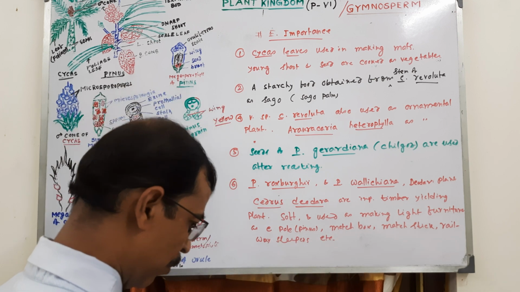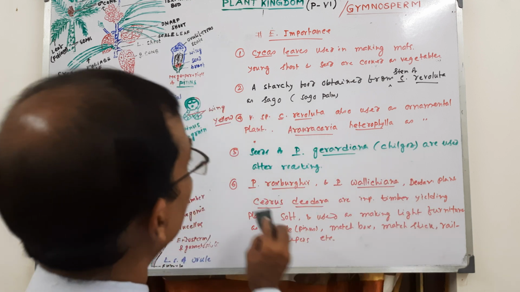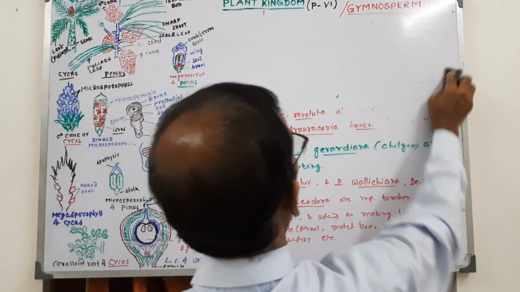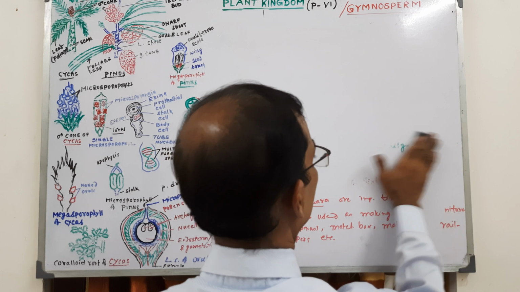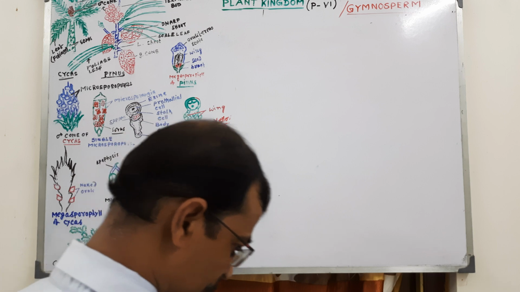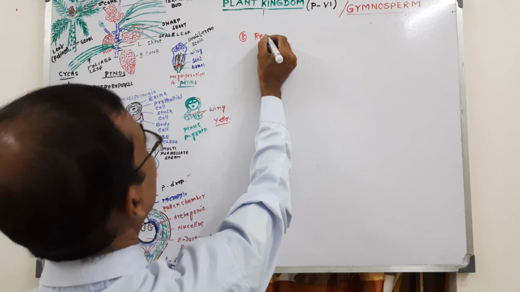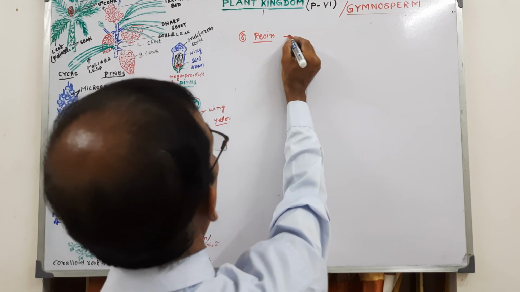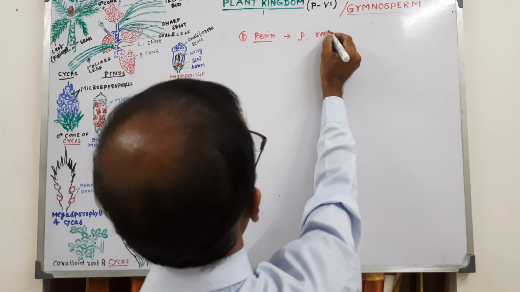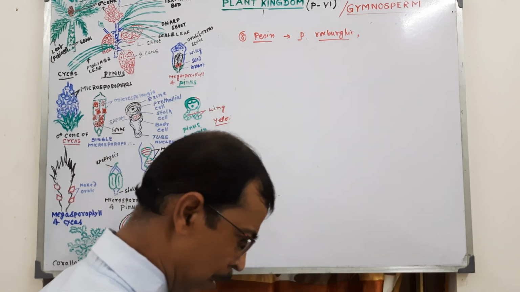Okay. Next point about resin, number 7. Resin is extracted from Pinus roxburghii and Pinus insularis.